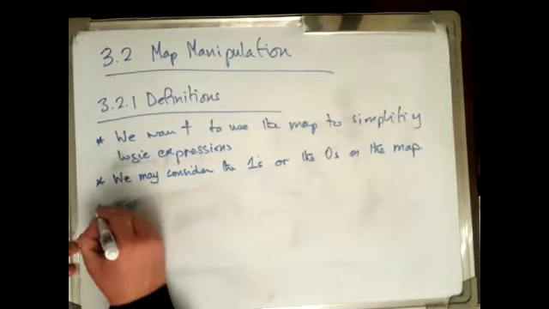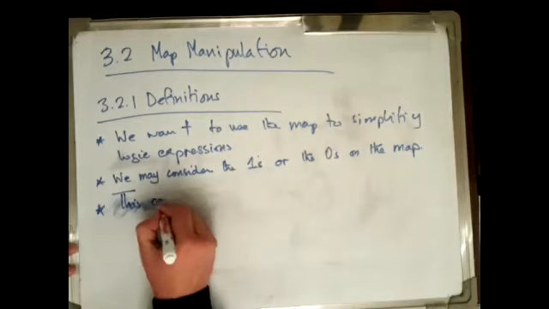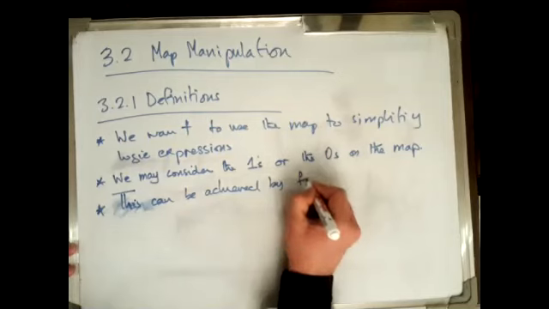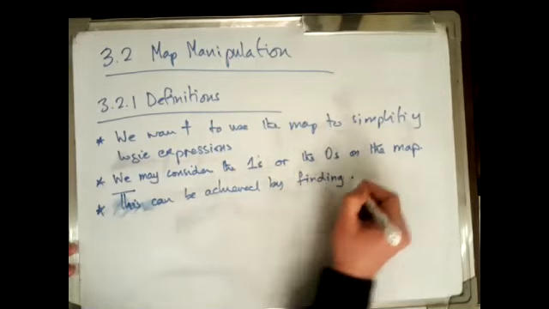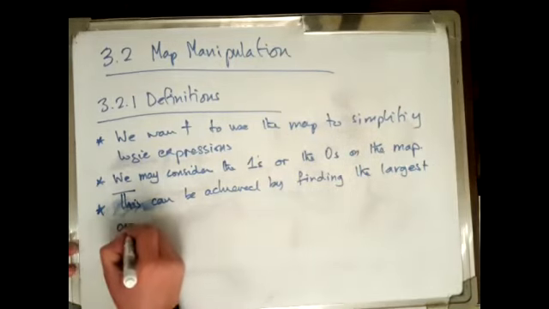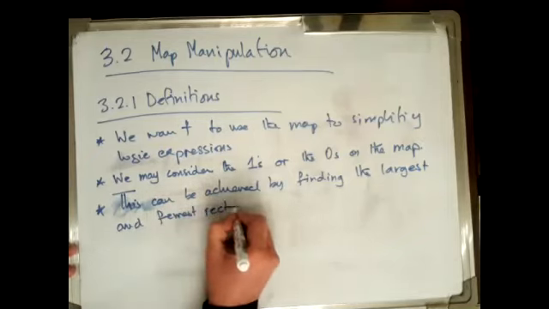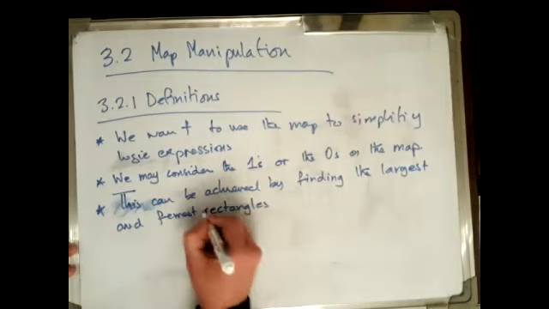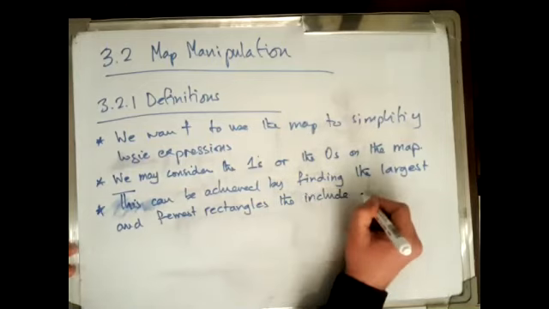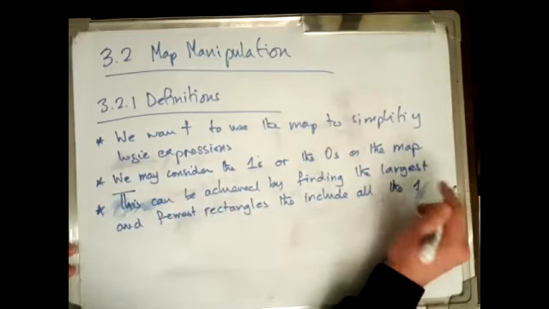The goal can be achieved by finding the largest and fewest rectangles that include all the ones or zeros.